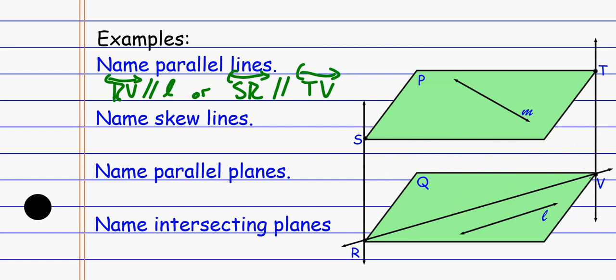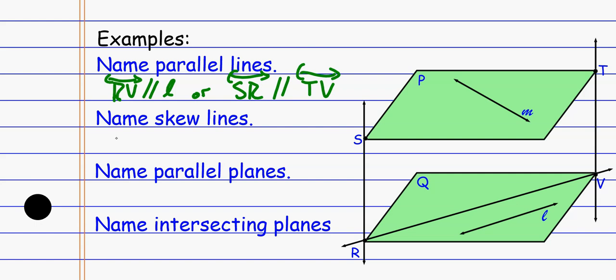Skew lines: again, if we think of one of those green pieces floating above the other piece, something like line M and line L would be skew lines. They're not parallel. They're not running side by side like parallel lines normally do, but they're also never going to intersect. One of those lines is floating above the other line. So even though they'll never intersect, they're not parallel.